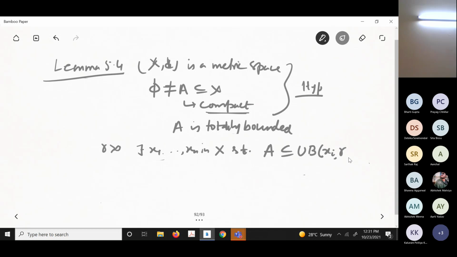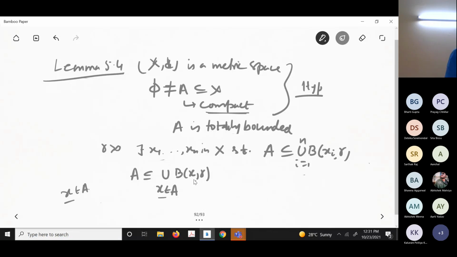So you take this. You see that A is covered by this. The index set is A. Look, if I take any x belonging to A, it is here.